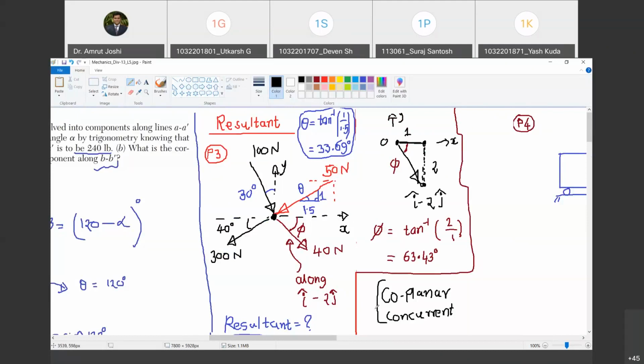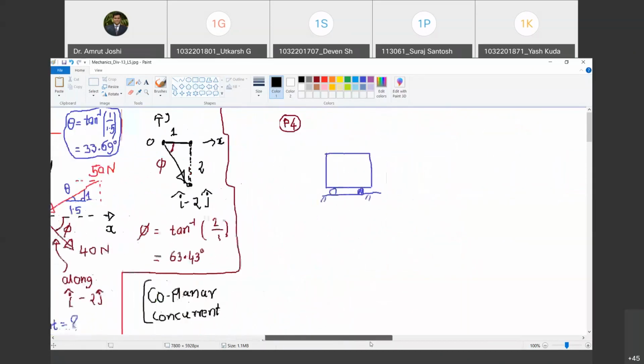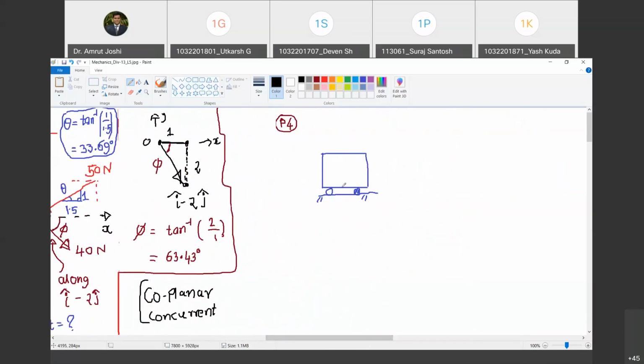Happy? Yes, sir. Now we are going towards the next problem, and you are going to tell me what is the difference. This is a briefcase. Are you with me? Yes, sir. And it is subjected to the forces as shown. Newton force at 30 degree.